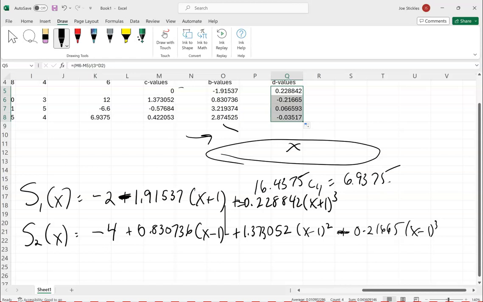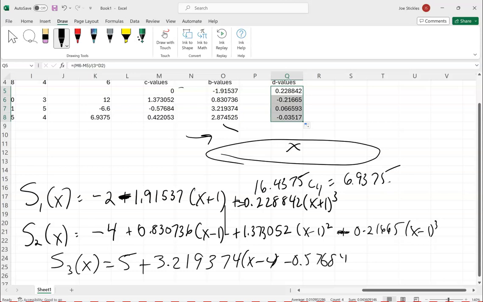So S3 is 5 plus 3.21937 times x minus 4, minus 0.57684 times x minus 4 squared. That is really bad handwriting. And then plus 0.066593 times x minus 4 cubed.